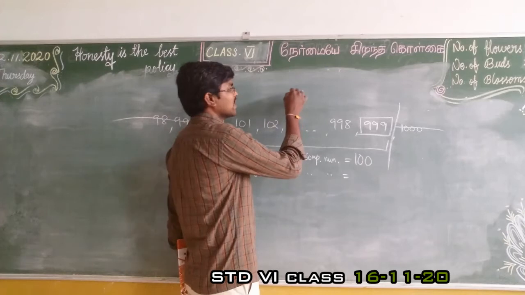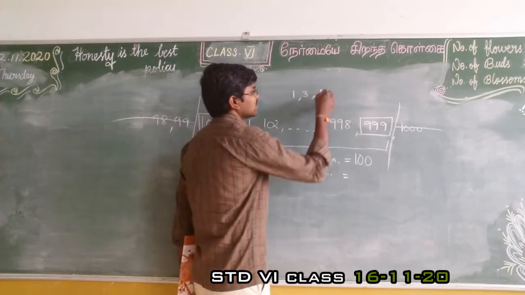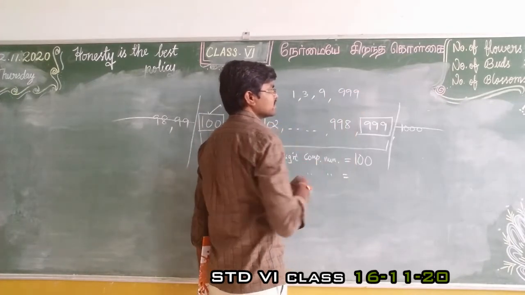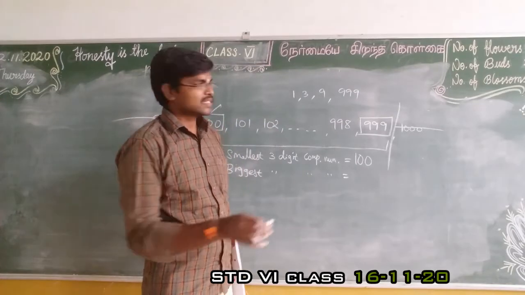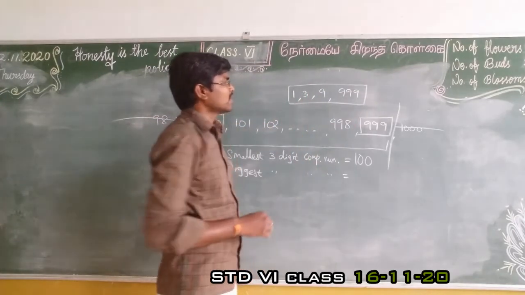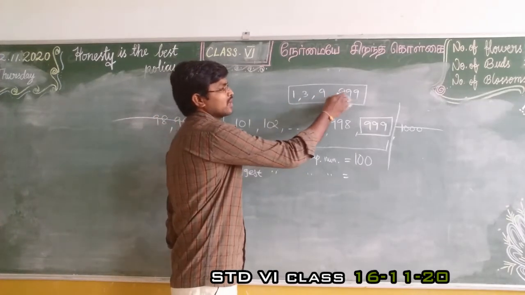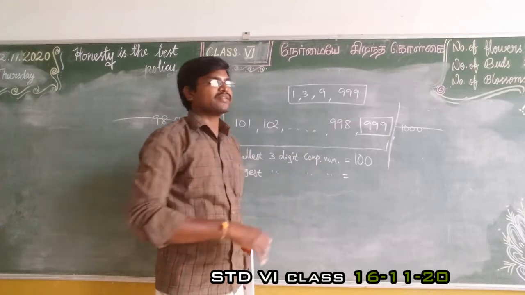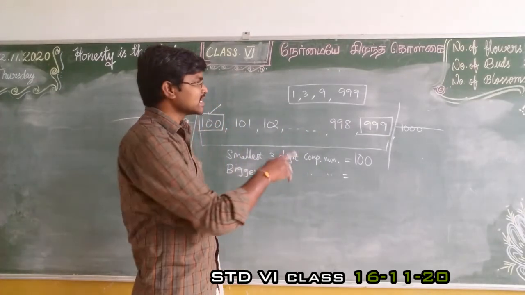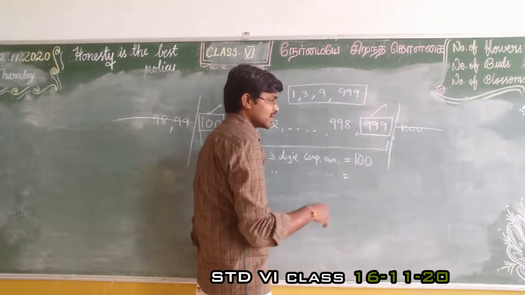The factors are 1, 3 is also one of the factors, 9 is also one of the factors, 999 is also one of the factors. Simply, see the outline. So direct நம்ம பார்க்கறப்பவே 1 3 9 table divide பண்ண முடியும், same number divide பண்ண முடியும். So it has more than two factors. So this is also one of the composite numbers.